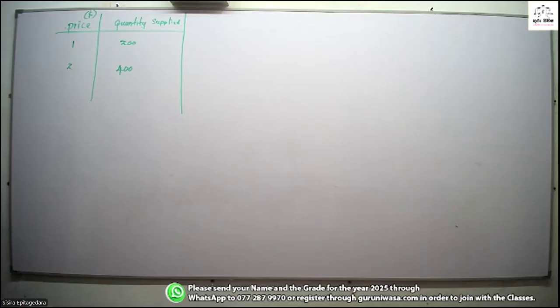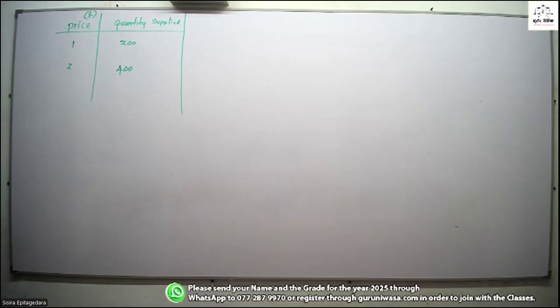Agree. When price increases, you can sell your product at a higher price, making more money or more profit. So when price rises, producers try to supply more units because profit rises. To earn more profit, they are willing to supply more, right?